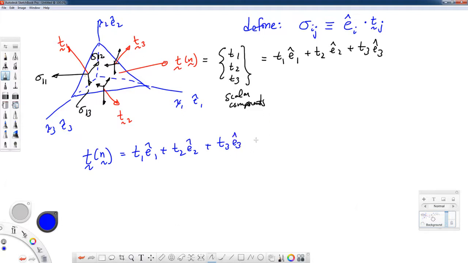But it's also equal to what we had before, the three backface traction vectors, 1, 2, and 3, times their respective unit normal component in J. So suppose we want to find this component T1. What we're going to do is we're going to take our vector and dot it with the E hat 1 direction.